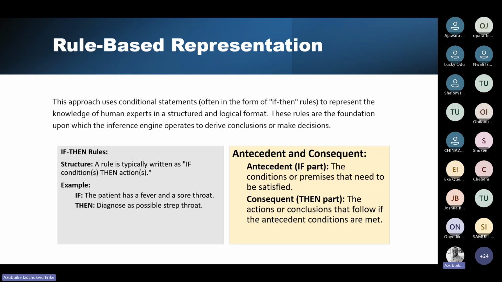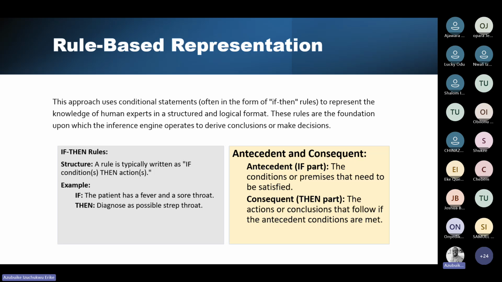Are you getting what I'm saying? If somebody's temperature is very high and is feeling nausea, then we say he has malaria. For example, if the patient has a fever and a sore throat, then what is the diagnosis? Diagnosed as possible strep throat.